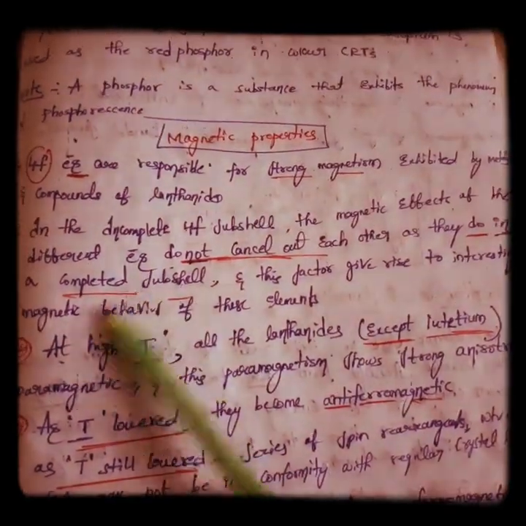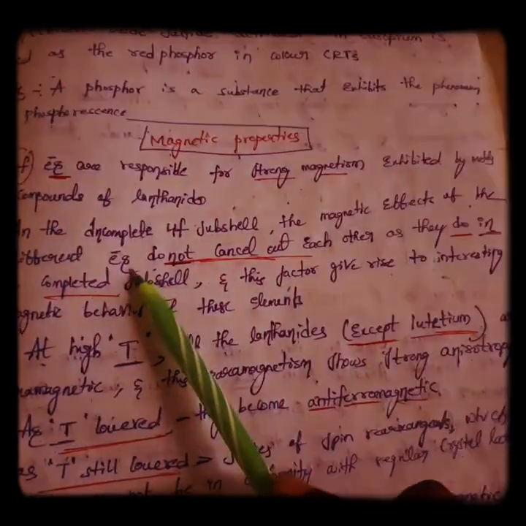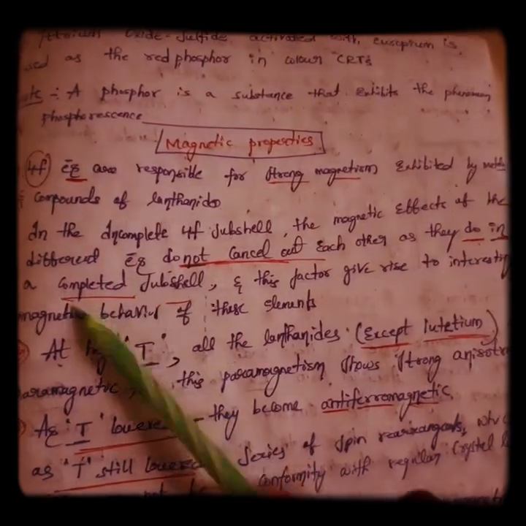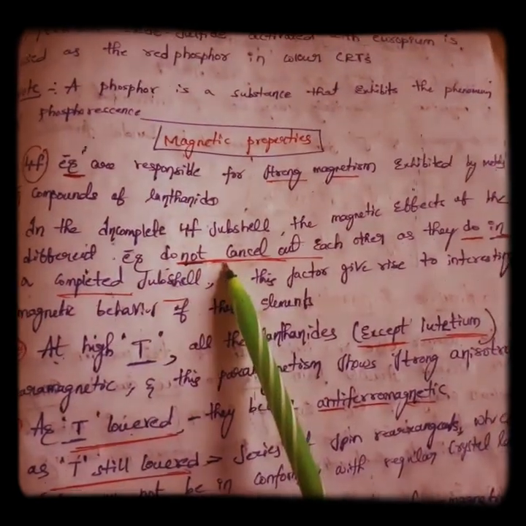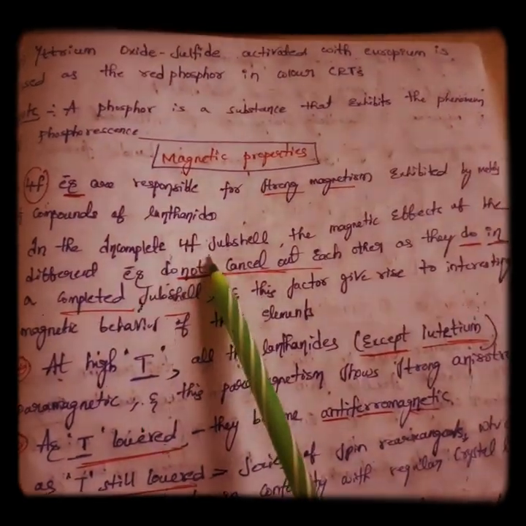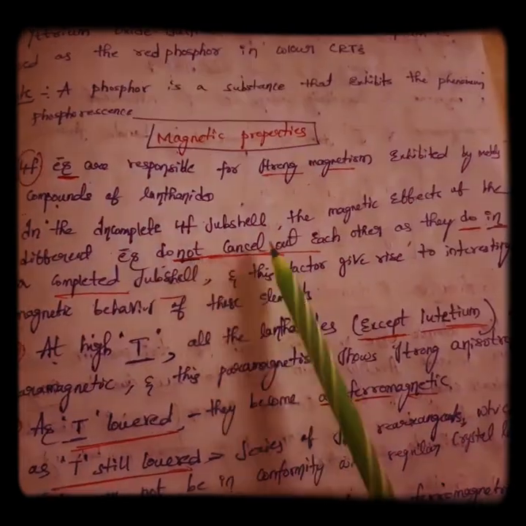If we take a complete subshell, the electrons will cancel out each other, we know. Whereas in the incomplete 4f subshell, the magnetic effects of different electrons do not cancel.